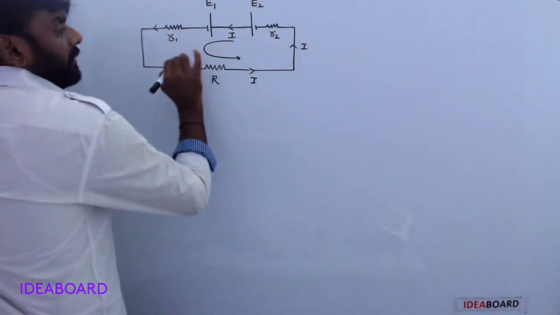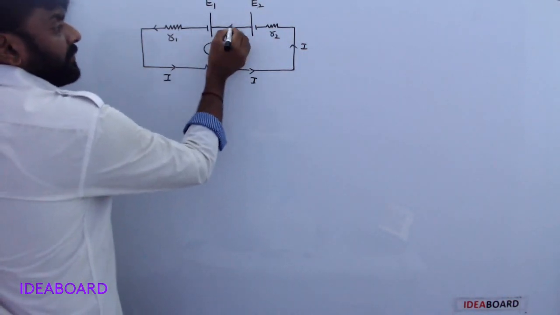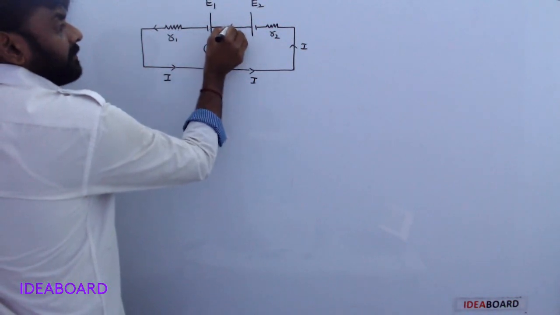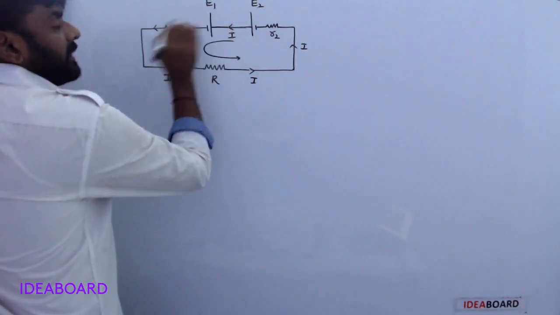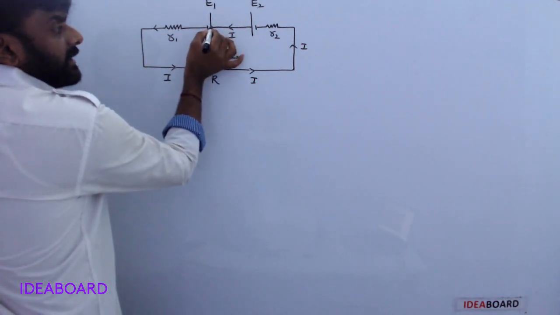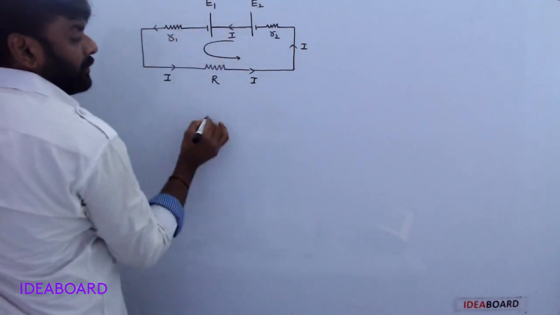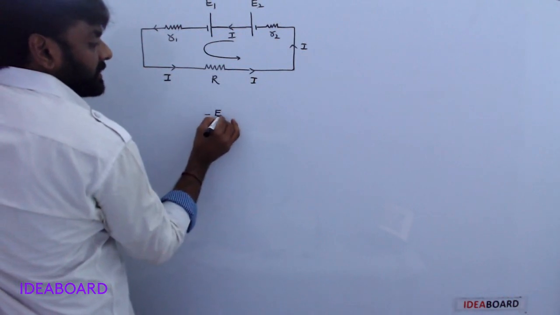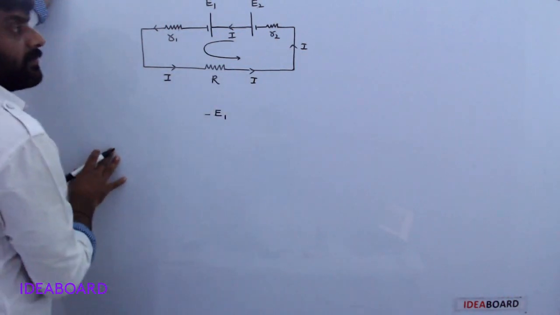First of all, start here. From positive to negative means minus E1.